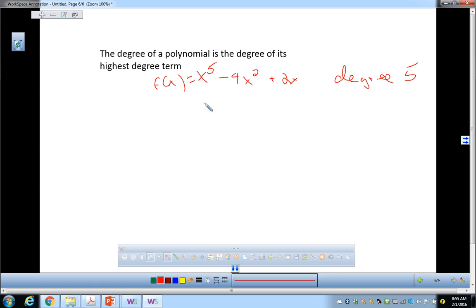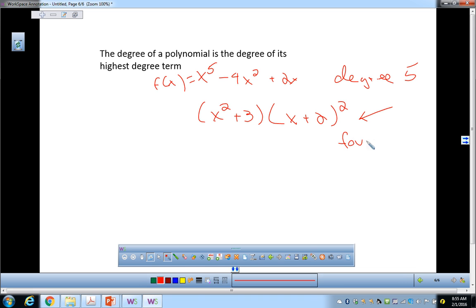Also, if I have several things being multiplied, like x squared plus 3 times (x plus 2) squared, who can tell me what the degree of that would be? It would be to the 4th, okay? Because if I FOILed it out, and you don't actually have to FOIL it out, I would have an x squared times an x squared.